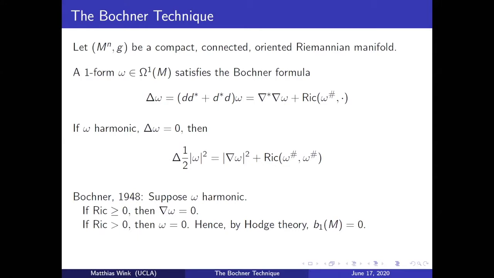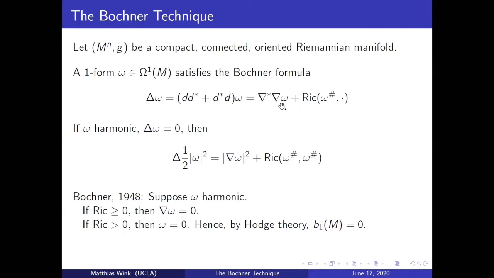The trick is we can write this also in terms of the connection Laplacian, nabla star nabla omega, but we make a mistake, and the mistake is given by a curvature term. If we have a one form, this curvature term is precisely given by the Ricci curvature evaluated on the vector field that corresponds to our form omega.